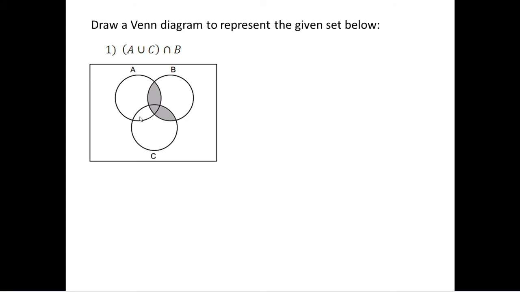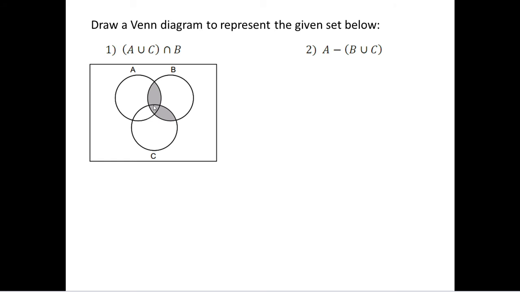And we will shade the intersection of that with set B. So we shade this area because these regions intersect with set B.